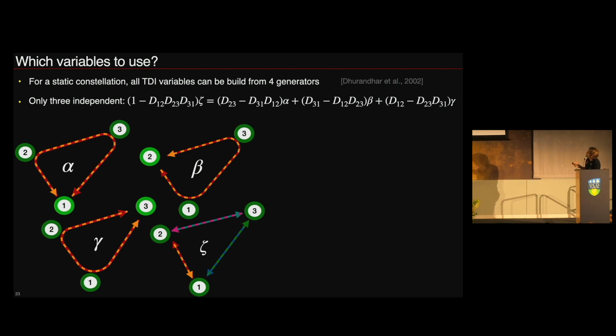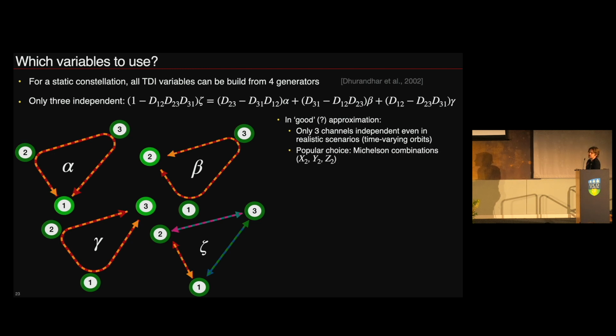And it means there's this time delay relationship between them, and with that, especially if you express it in the Fourier domain, we think that 3 channels still contain all the information even in the realistic scenario. I put a question mark here and some check marks because there are people looking in the details that maybe there are some edge cases where you might lose something when you just use whatever channels you want. So as I said, the assumption is that even in the realistic scenario, these 3 channels are enough.